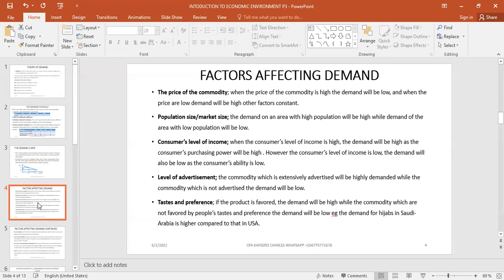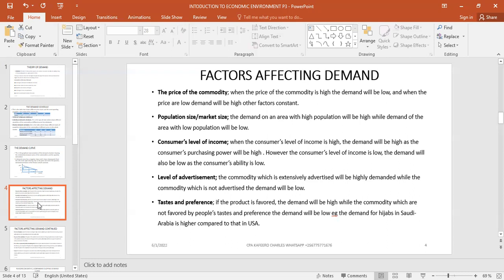The fourth one, we can talk about level of advertisement. The level of advertisement affects the demand in a sense that when people don't know what the company is dealing in or what the company is selling, you expect them not to buy, because they cannot buy something which they don't know.